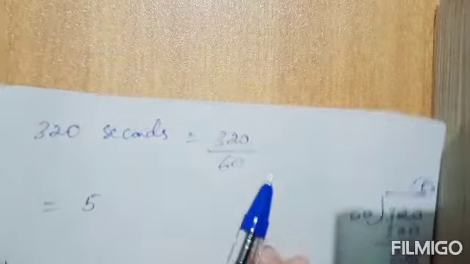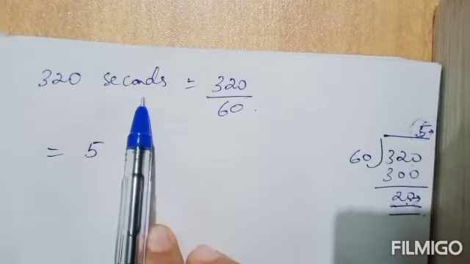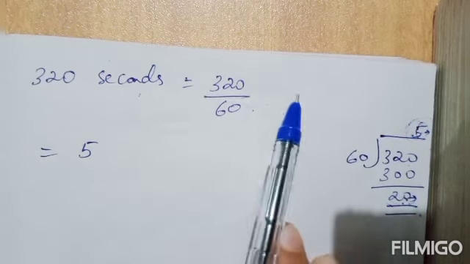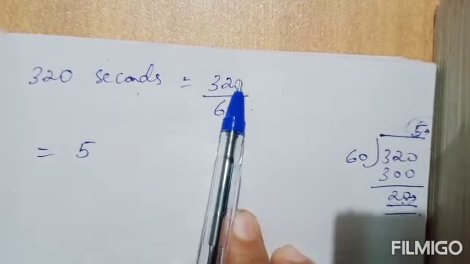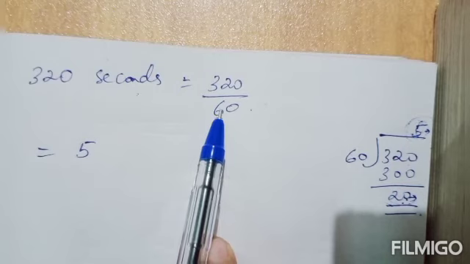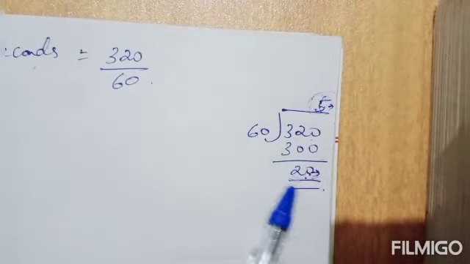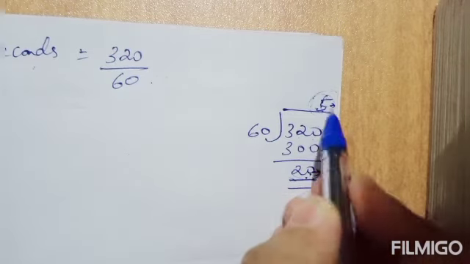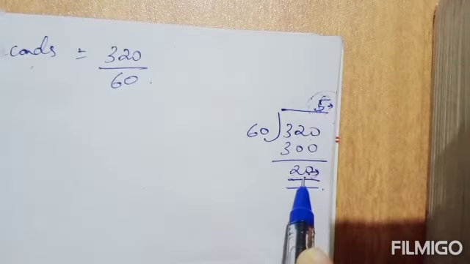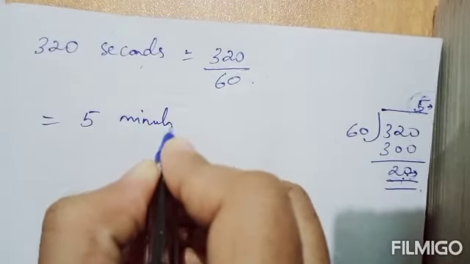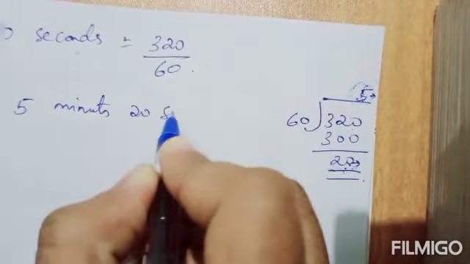In order to convert seconds to minutes, just divide by 60. So divide 320 by 60. You will get quotient 5 and remainder 20. This means 5 is minutes and 20 is seconds. So 5 minutes and 20 seconds.